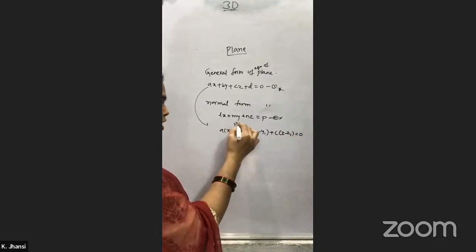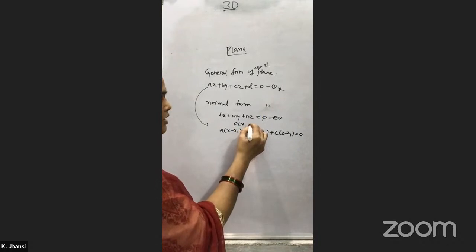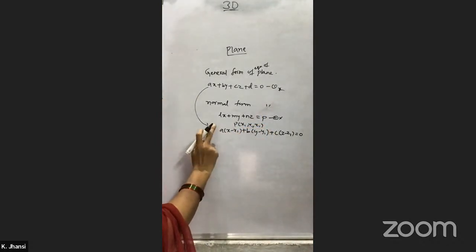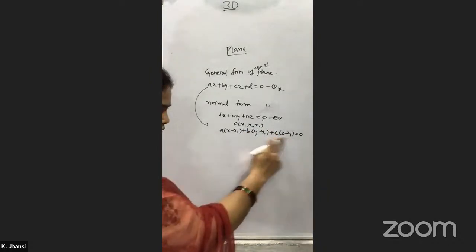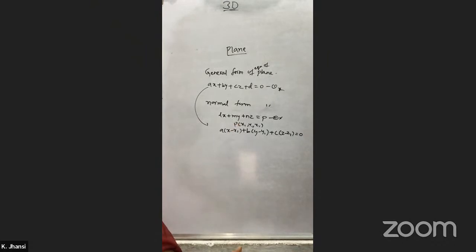So if a point x1, y1, z1 is on the plane, we can find the equation of the plane. This is important for solving the problem. You have to remember this formula for finding the equation of the plane when one point is given. You have this on page number 43.